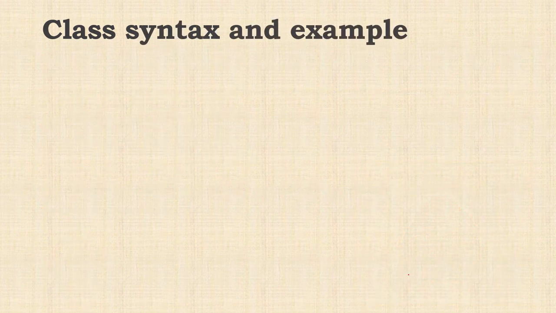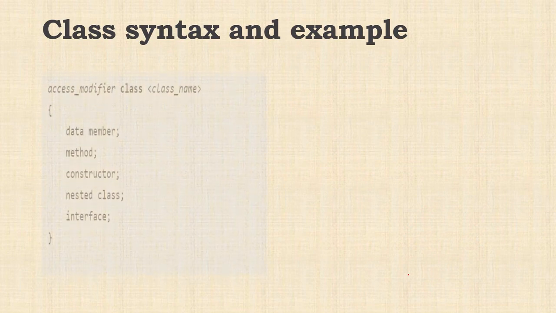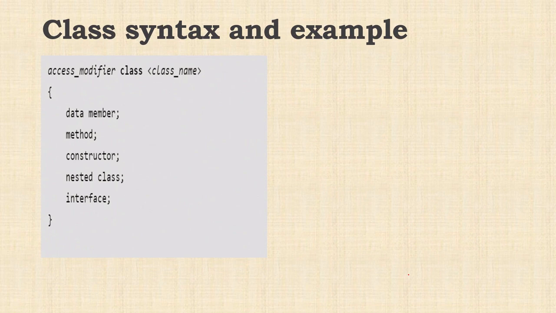Class syntax and example. How can you create a class inside Java? This will be the syntax of a class: access modifier, class keyword, and class name, like public class Dog. Here the class keyword is what you use to create the class, and public is the access modifier.